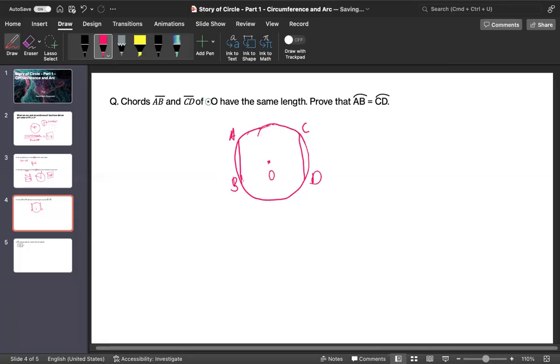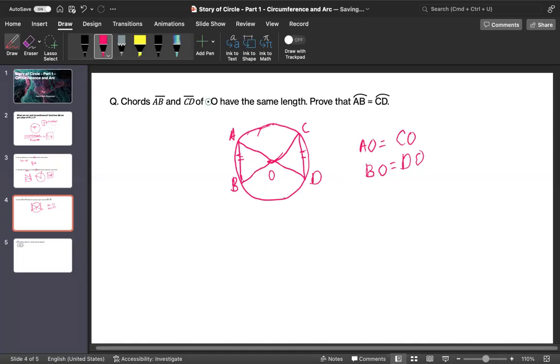So let's just start by making these triangles. Okay, so we have 2 triangles, and we know that these 2 are the same. And notice how AO must be equal to CO since they're both radius. Same goes for BO and DO.